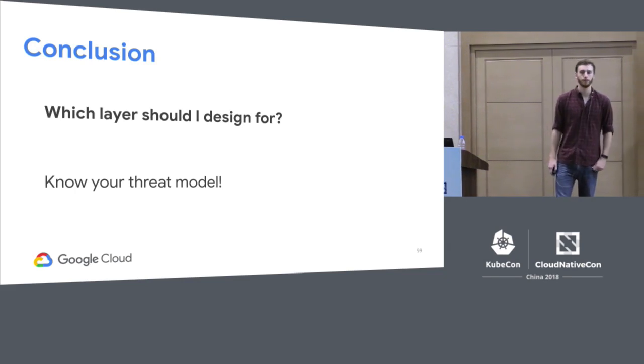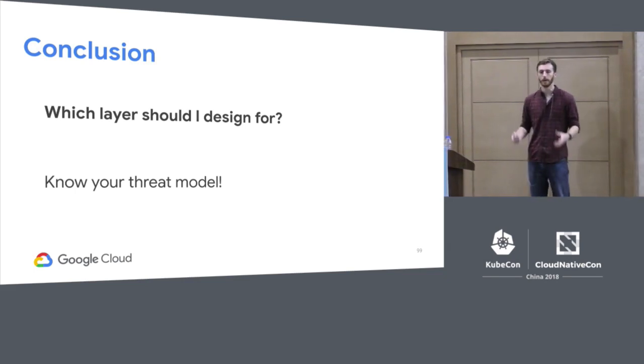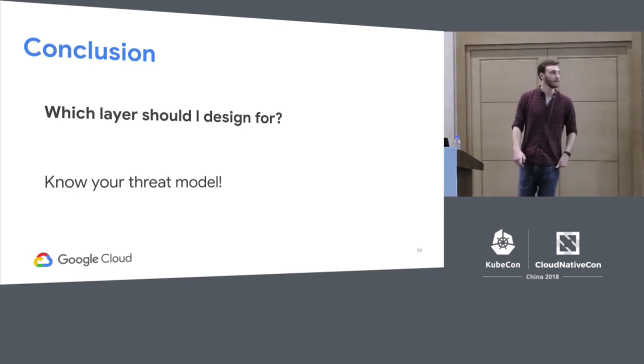Sorry, it's sort of a non-answer. But know your threat model, understand what kinds of data you're trying to protect, who your attackers are, and weigh the trade-offs of the cost of adding in more isolation and the complexity versus the ease of relying more on just the native Kubernetes primitives.